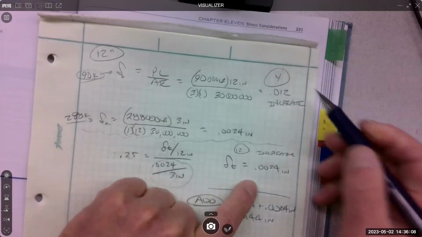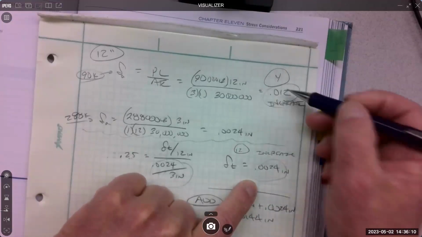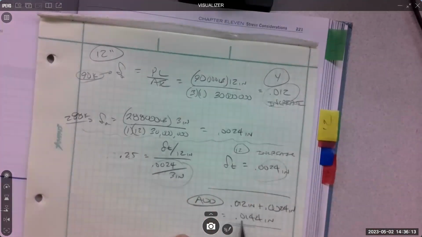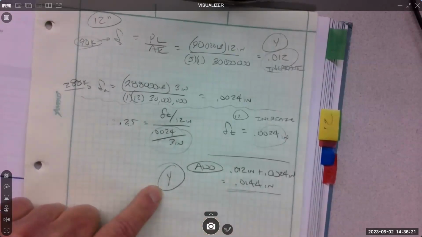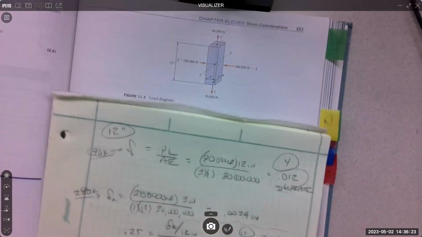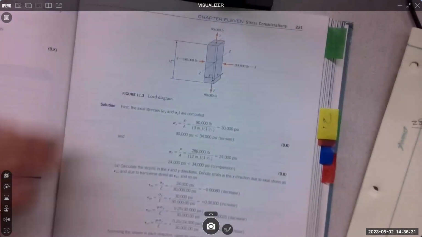So you take this now and you add it to this to get the 2 increases, and it came out to 0.0144 for this Y dimensional change, total. How does it compare to their number? All the way down here at the bottom is their number. 0.0144 increase. Exact same number.